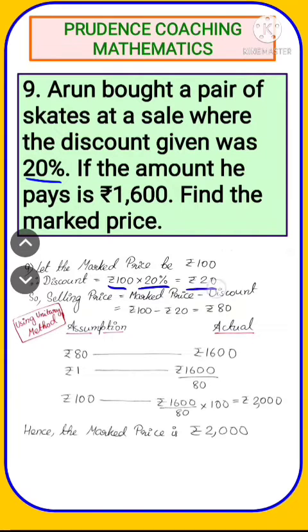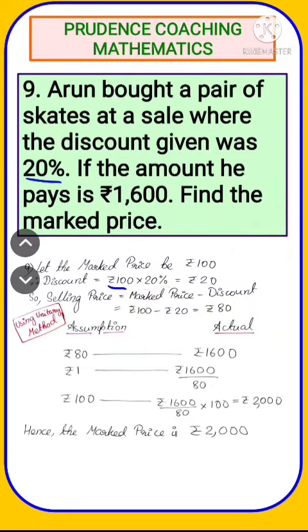So you will get rupees 20 as the discount. So you need to calculate the selling price, which will be the marked price, that is the price written on the dress, minus discount. So 100 minus 20 rupees, you will get rupees 80. That is the selling price of that particular thing.